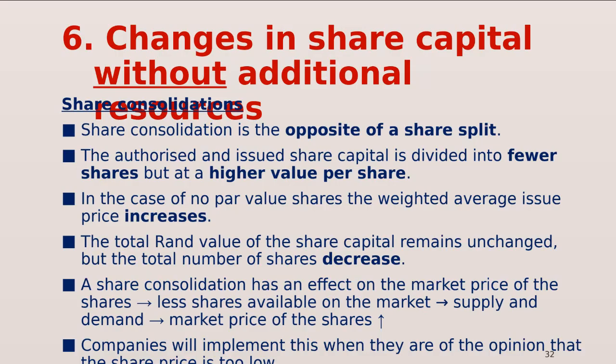A share consolidation is the opposite of a share split. Instead of splitting the shares, you're now saying every 2 shares, let's say, that are in issue and that are authorized are now 1 share.